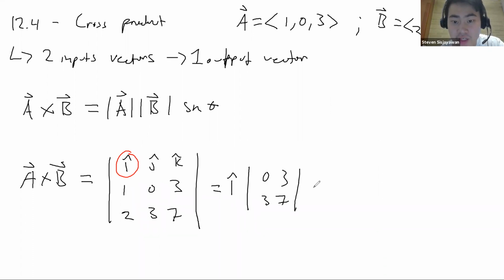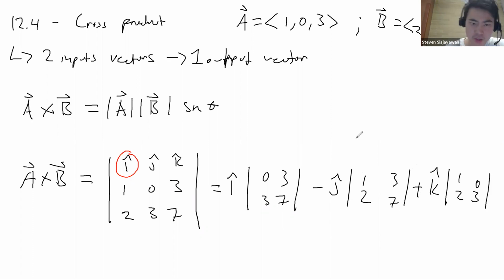Then it's subtracted by j times the determinant of 1, 2, 3, 7. Remember, it always alternates. And plus the k component, the determinant of 1, 2, 0, and 3. Basically, that's going to be your new vector.